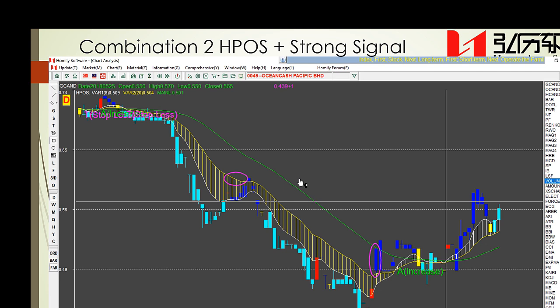So here we should be more cautious in drawing resistance and support lines. If we only follow the strong signal, that also works. So we should sell here, and then another buy point appears, and we should buy it back also.